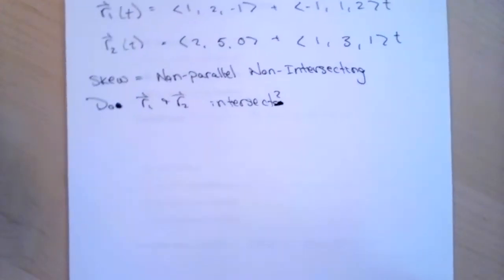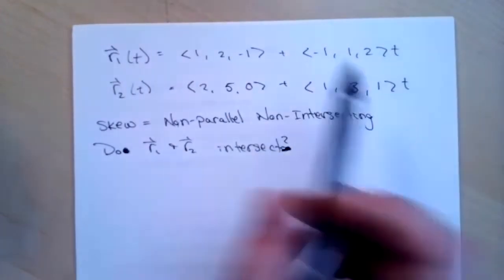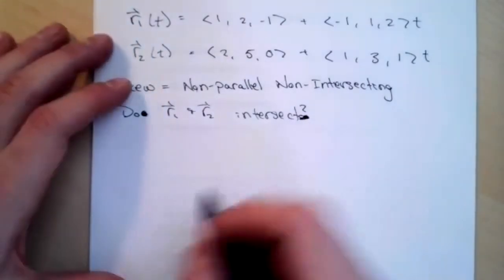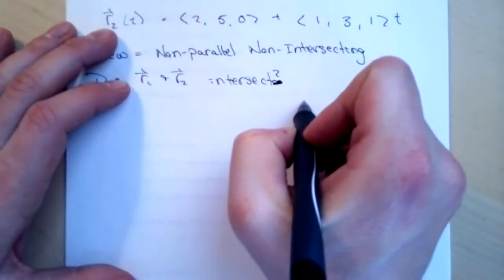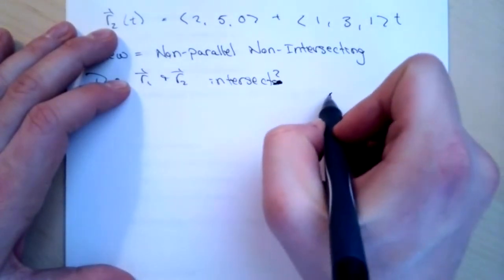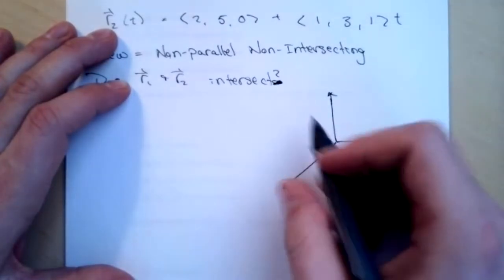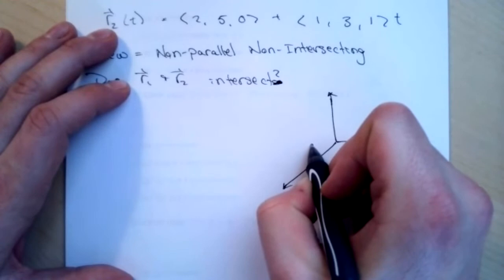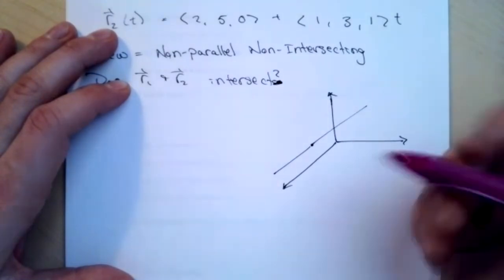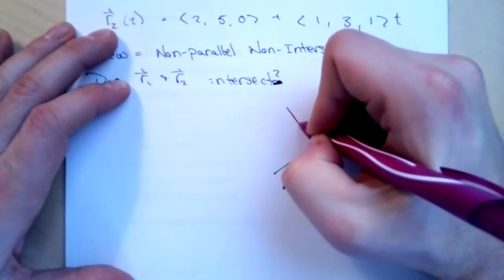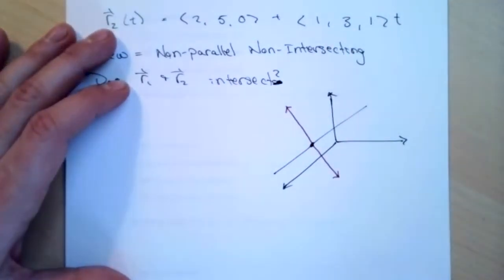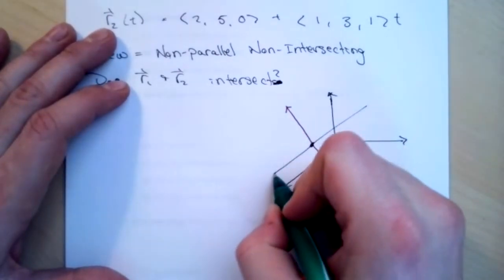And so how are we going to tell if they intersect? Our problem is that the t-values could be different. So let's maybe draw a picture here and take a look at what might happen. If we have intersecting lines, that intersect at a point, the purely geometric information tells us they intersect.